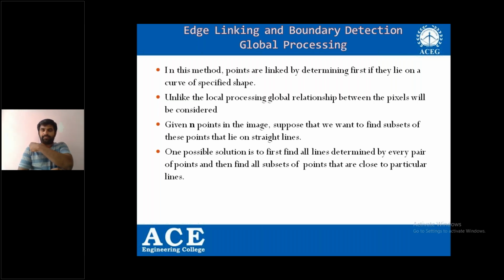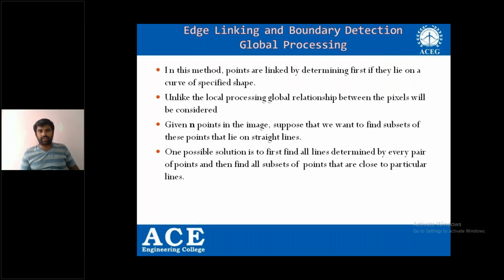And these are all the pixels of the subset that will be there for the nth pixel. So like that, if I have n pixels, all the pixels will have subsets. That is, I would like to identify the subsets of the pixels for linking up the edges.